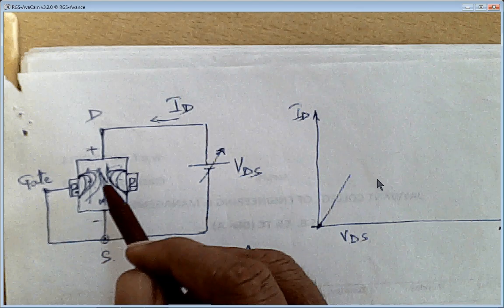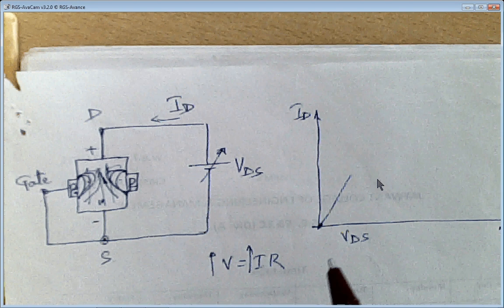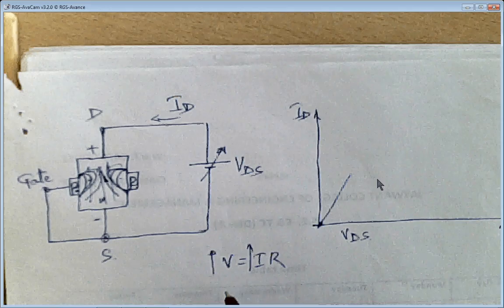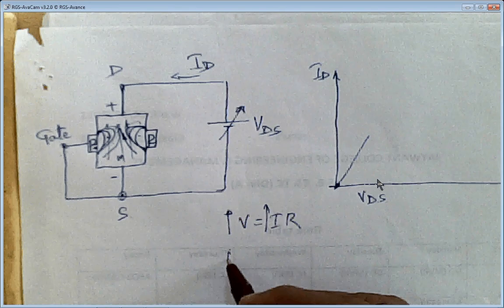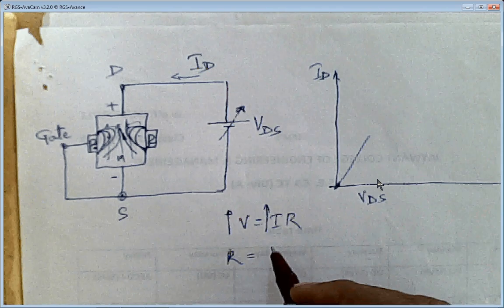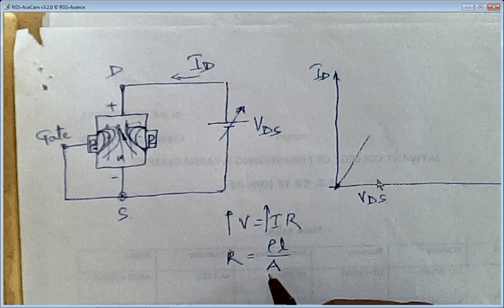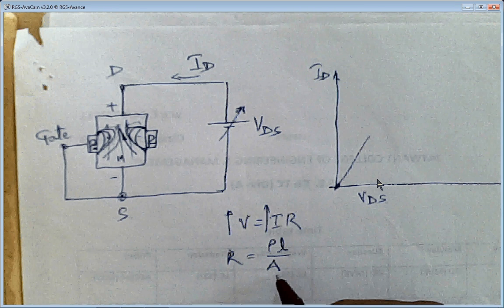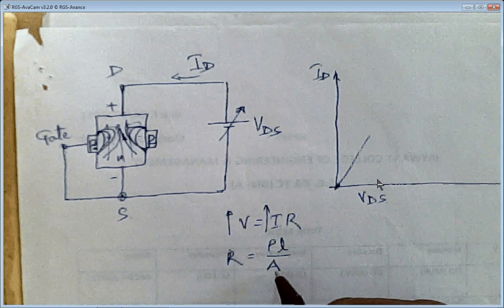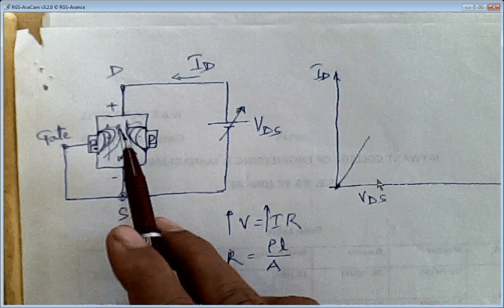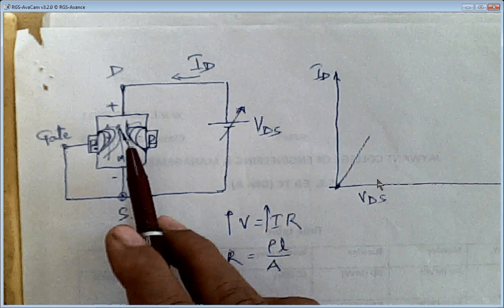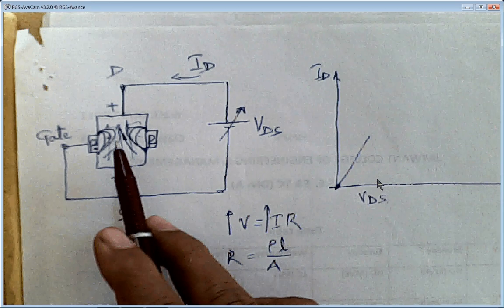So what will happen due to the decrease in cross section area? Last time I told you about R is equal to rho L by A. What is rho? Rho is the resistivity of the material, L is the length of that material, and A is the cross section area. In our case we are decreasing the cross section area because of the depletion region.